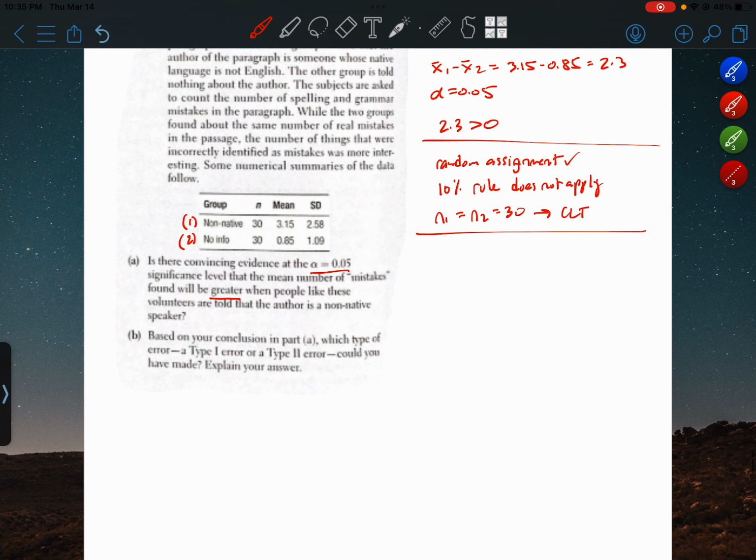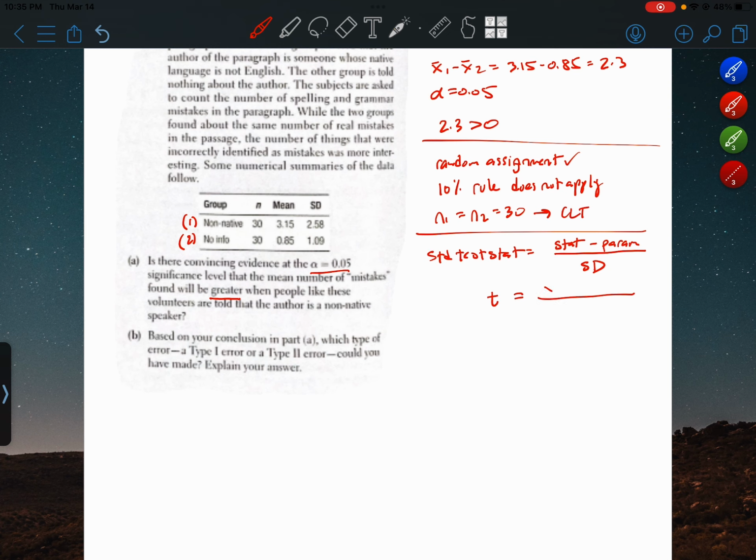Moving on to the calculations. We're going to calculate a standardized test statistic, which follows the same general structure. It's a statistic from our sample minus a parameter, which we'll look at the null hypothesis for, divided by an SD. When dealing with means, the test statistic you get is not a z-score, it's a t-score.